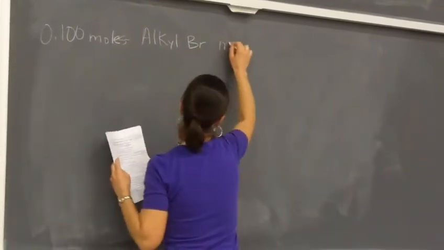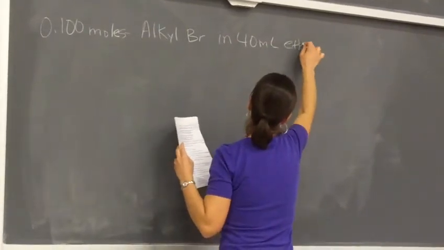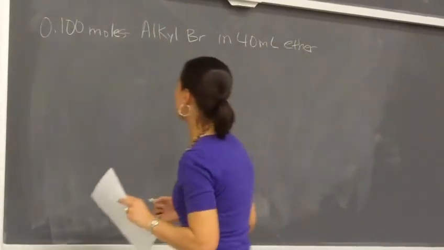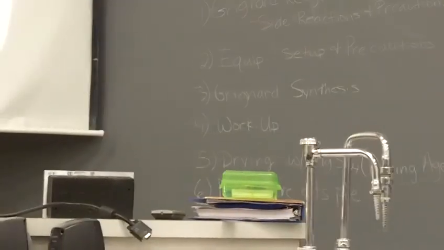And that's going to be in 40 mils of ether. So you need to figure out, with your specific alkyl bromide for your reaction, how much in volume is that 0.1 moles, okay?